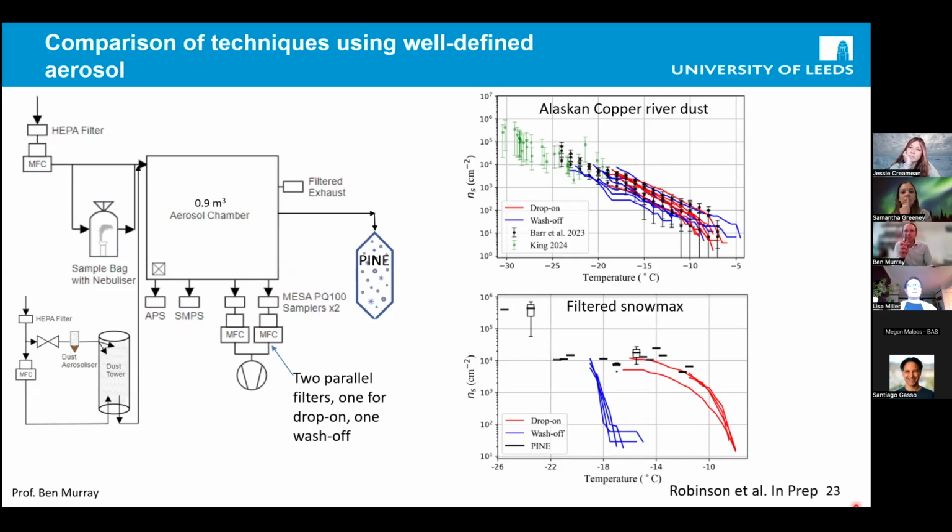If we do the same experiment, but where we dry disperse the SNOMAX powder, then we get agreement between the two. We get agreement between the polycarbonate and Teflon. In fact, there's another figure I'm still to put in.